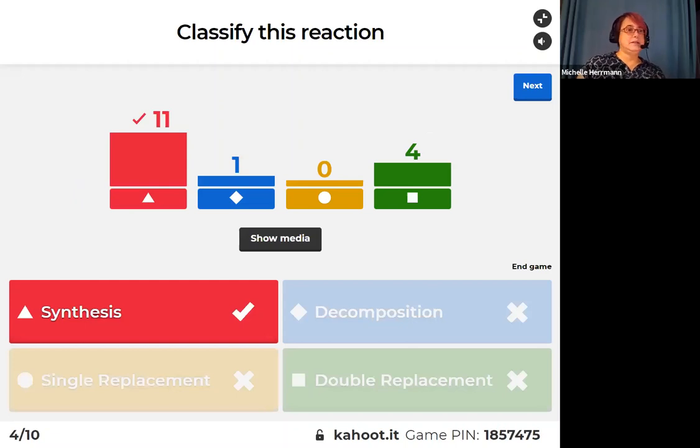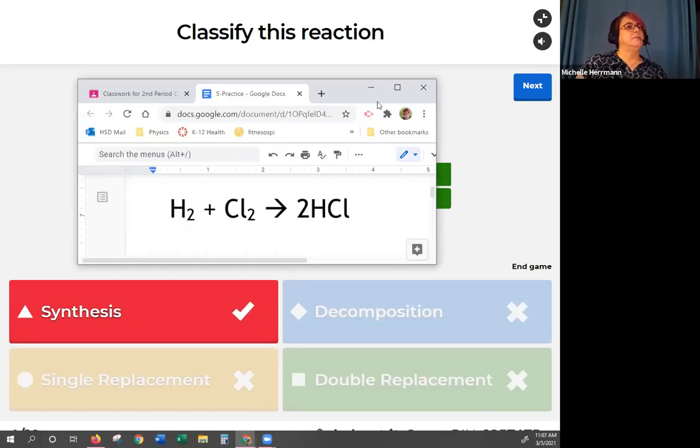Okay, this is synthesis. Oh, a lot of people chose double replacement. That's not actually a bad answer. So what's happening here is we're looking at synthesis because it's making one product. And so I have some things, technically these are elements that are being put together to have one product.